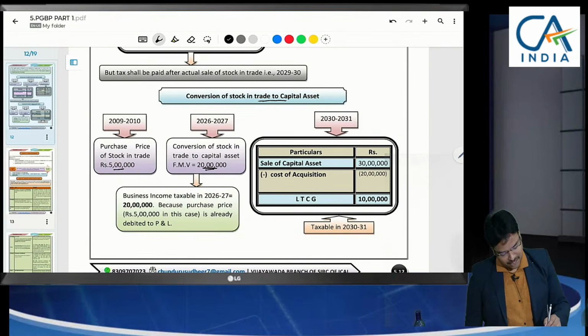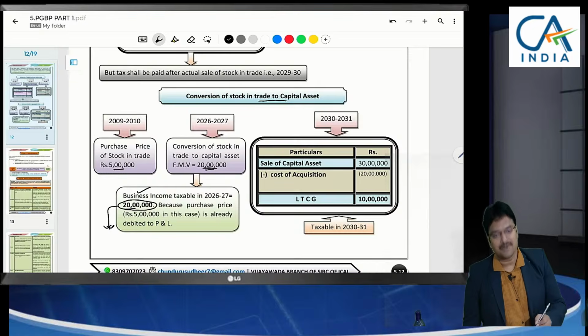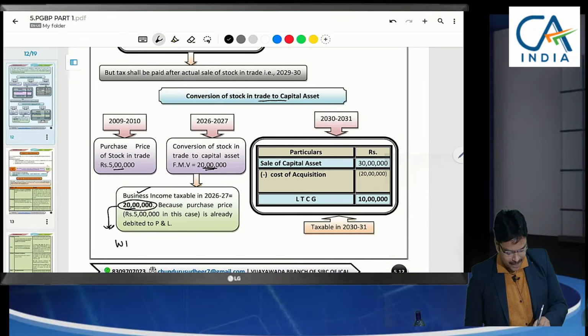So, what we have determined in this case, this 20 lakhs will be treated as the business income. We have already learned this aspect. Now, this 20 lakhs, if this is a depreciable asset, will be treated as the WDV. On this 20 lakhs, now we can claim depreciation.